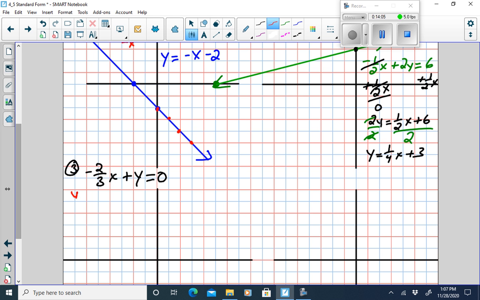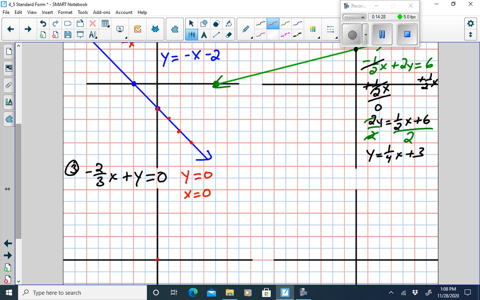That's easy. Right, so if we make x 0, y is going to be 0. So we get a y-intercept of 0. And then if we make y 0, what do we get? We get 2/3 x is equal to 0. To solve for x, we'd have to divide both sides by negative 2/3. We get x is equal to 0 as well.